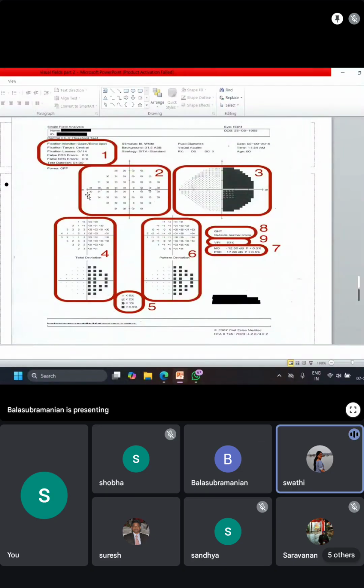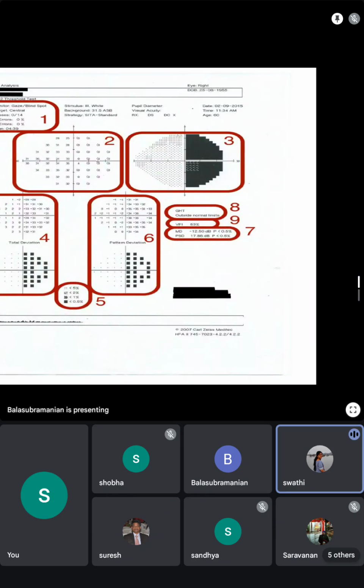The total deviation numerical plot and the pattern deviation numerical plot show decreased sensitivity in both superior and inferior points. The glaucoma hemifield test shows outside normal limits with abnormal PSD and mean deviation, but as the refractive correction is not given, I feel this chart is not reliable.